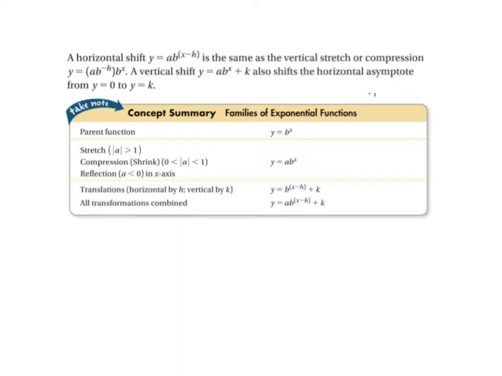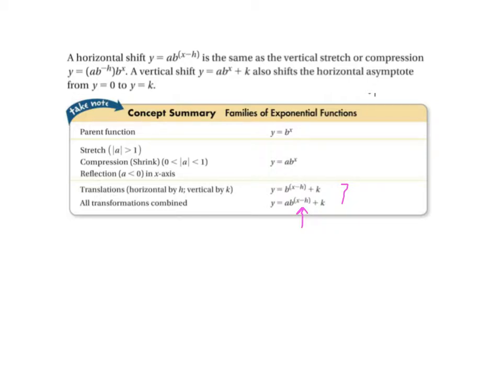Okay, so let's talk about some vertical and horizontal shifts as well as compression and stretching. So keep in mind, and we do have these functions right here, the h factor is going to be your horizontal shift.